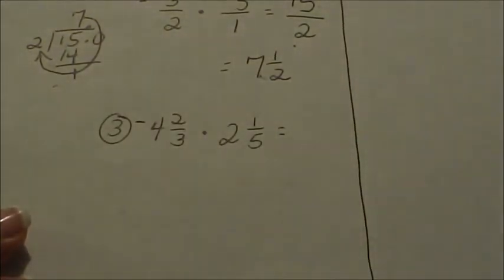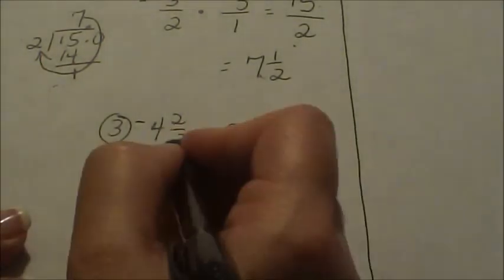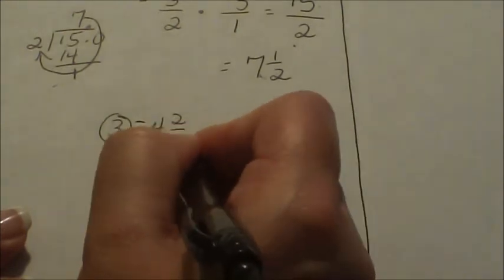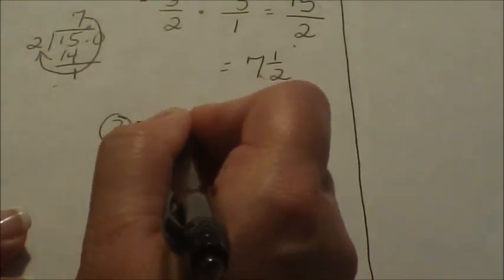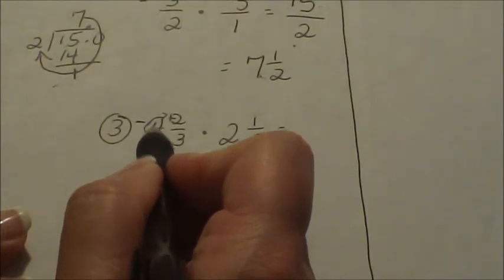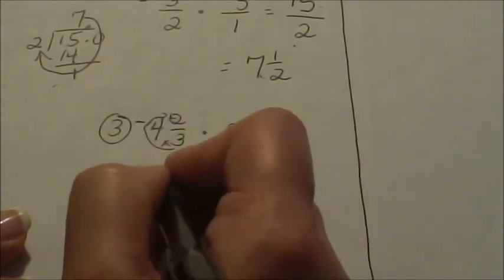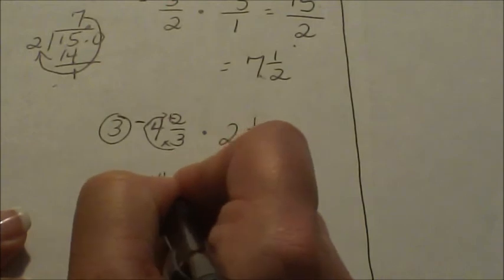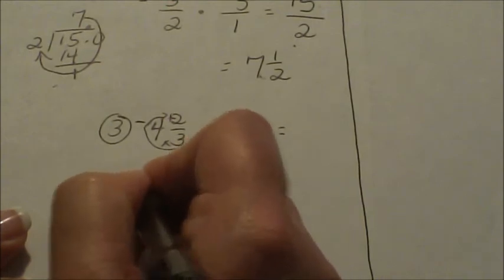Okay, what I have here is two mixed numbers that I need to change to improper fractions so that I can follow my rule of top times top over bottom times bottom. So what I'm going to do is use my around the world, or my Texas two-step. 3 times 4 is 12, plus 2 is 14. And then I keep that over my denominator. Keep that negative.